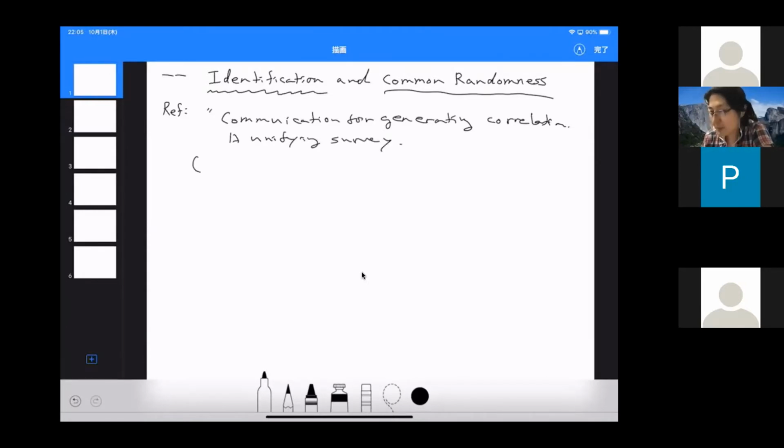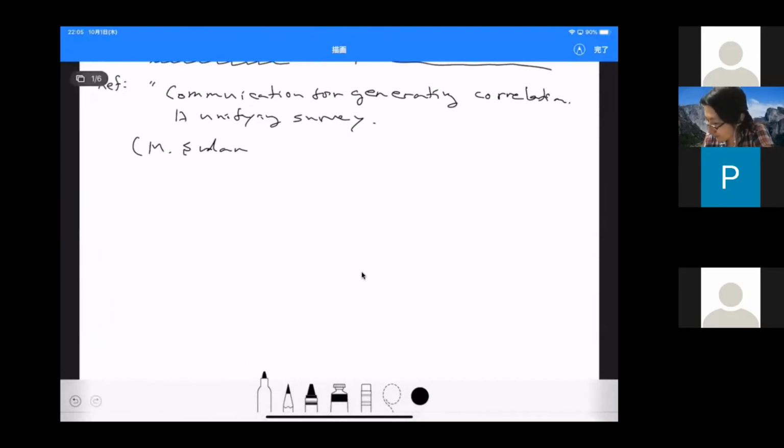This is a review paper I wrote with Madhusudan and Himanshu Tyagi, in this year's IT Transactions.